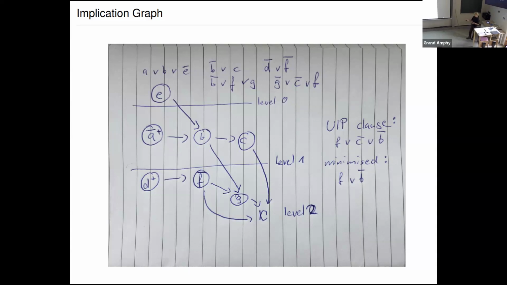So we perform our conflict analysis from the conflict node backwards in topological order, and then we stop when we reach the first UIP, which we can do by counting the number of open nodes on this level. And if we do that, we get a resolution proof. So this is really nice.